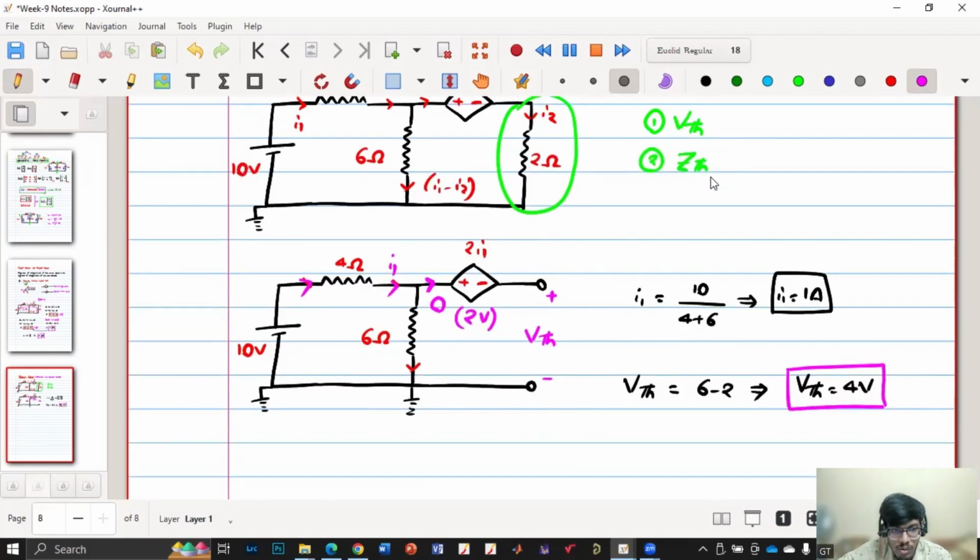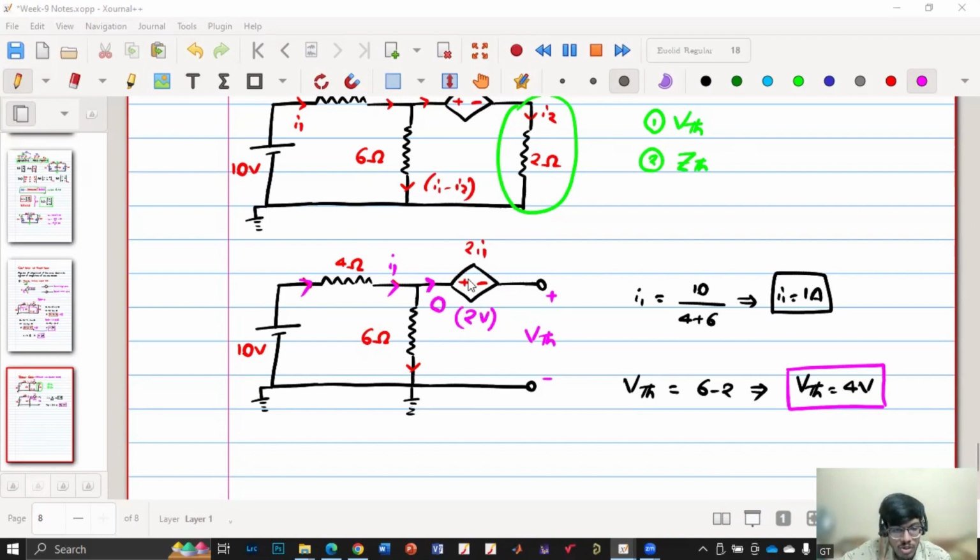We know the procedure for Thevenin impedance: short circuit the voltage sources and open circuit the current sources. But those are the independent sources. So what will happen with the dependent sources?